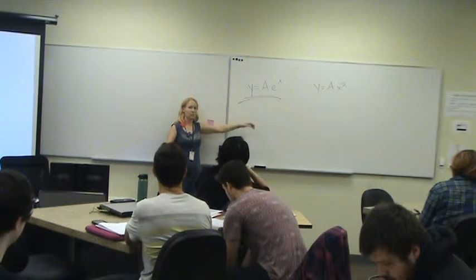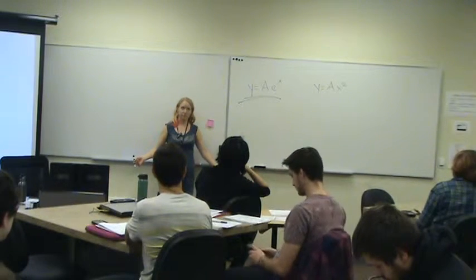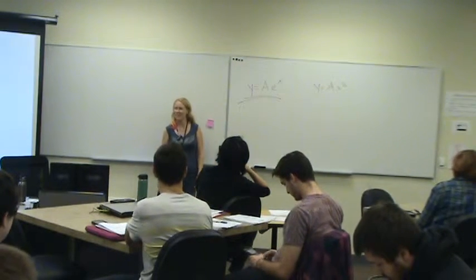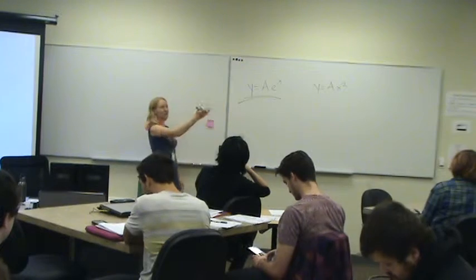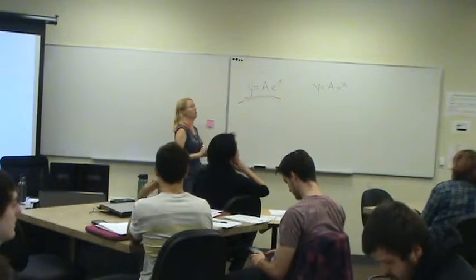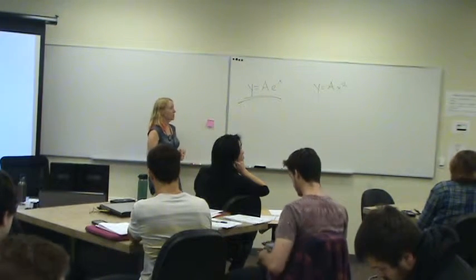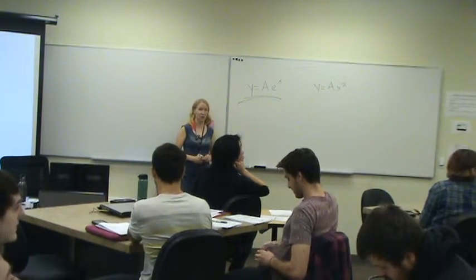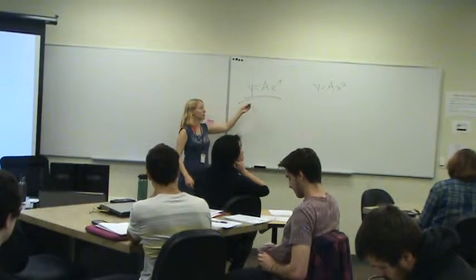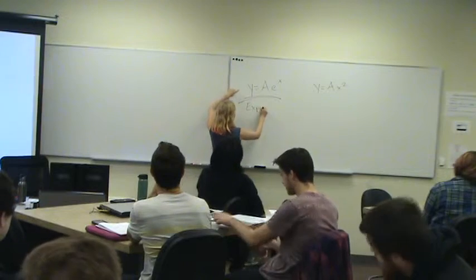Radioactive decay, population growth. So it doesn't come up. That's why we don't do it as one of our 4 major patterns, because the 4 major patterns come up all the time. So I just want to make sure before the test next week that we really understand that exponential is this.